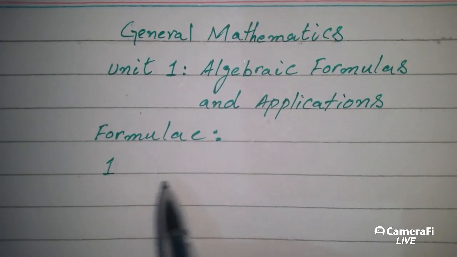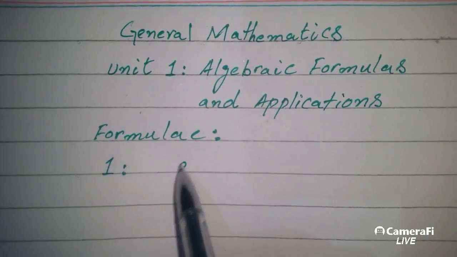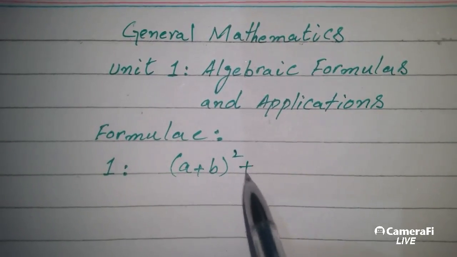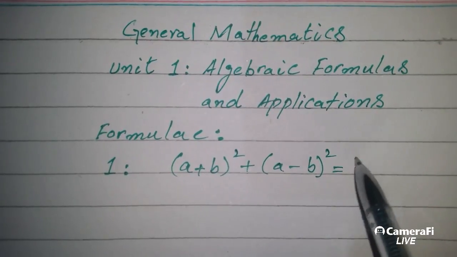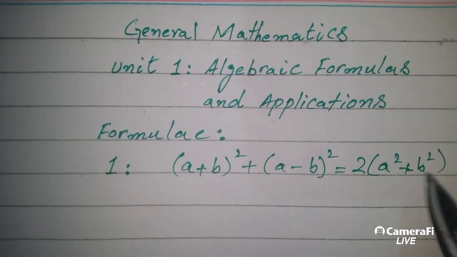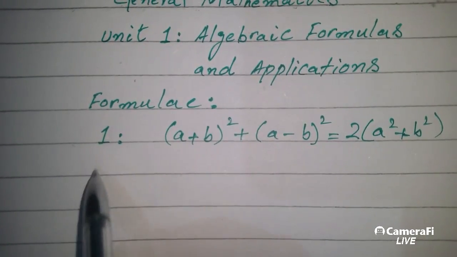Number 1. The first formula is (a plus b) whole square plus (a minus b) whole square is equal to 2 times (a square plus b square). Let's prove this formula.